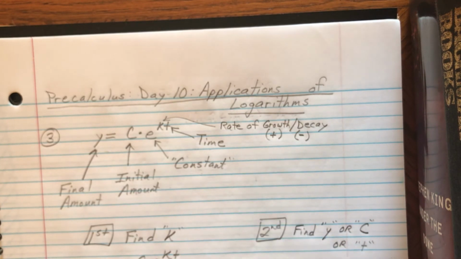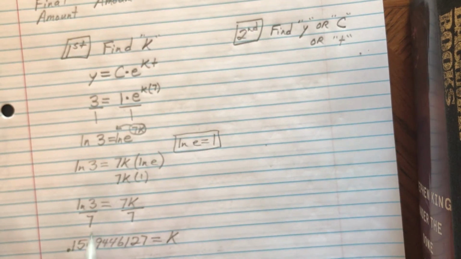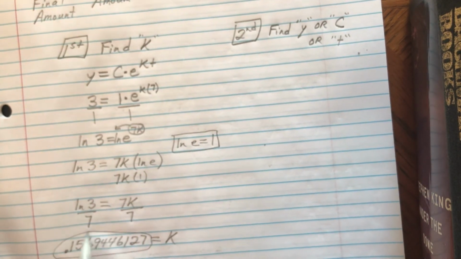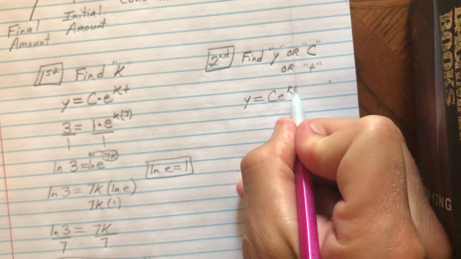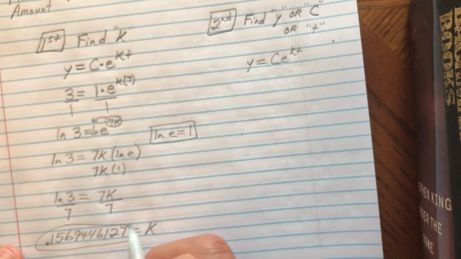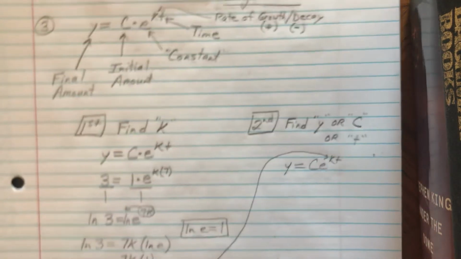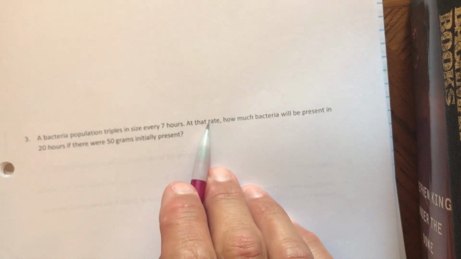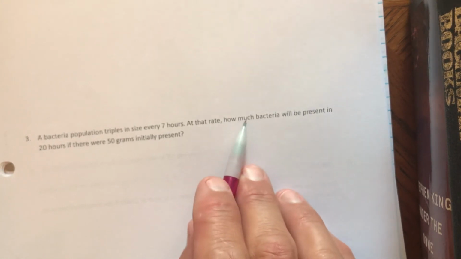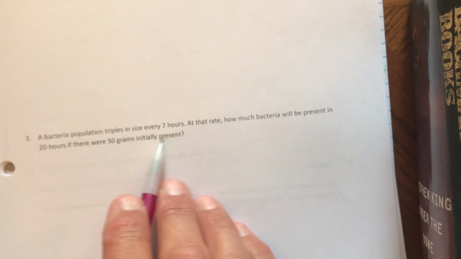It says it tripled. Now, for step 2, we're going to take our K value and plug it in to this equation. Take your K value and plug it in for K, and then if you read the rest of the question, it says at that rate, which we just found, that 0.156 number, how much bacteria will be present in 20 hours if there were 50 grams initially present?